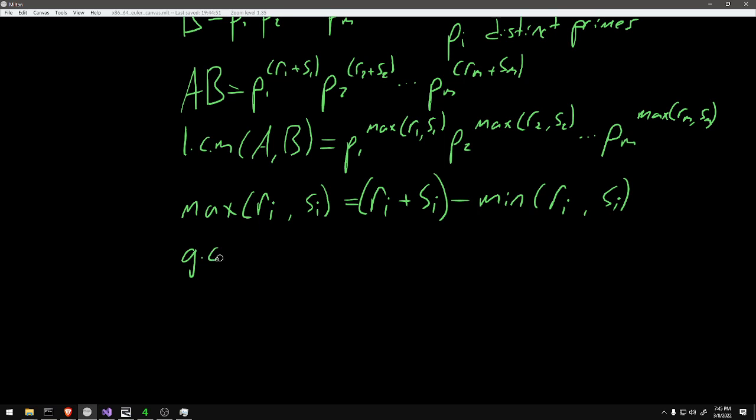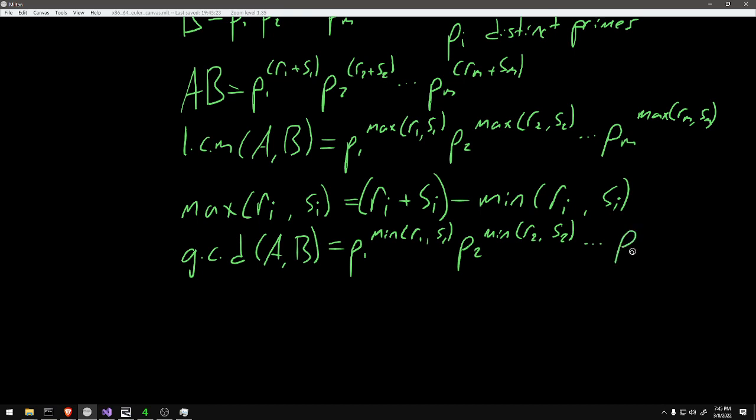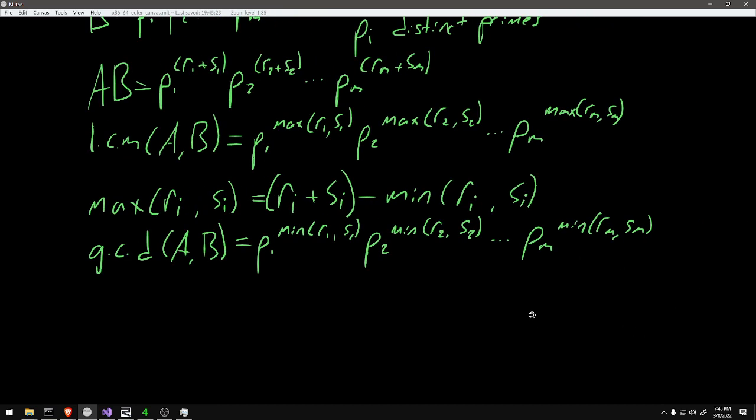Now here's the trick. The greatest common divisor, which we haven't actually talked about yet, is exactly that. It's like P1 to the min of R1 S1, P2 to the min of R2 S2, and so on up to PM to the min of RM SM. So the greatest common divisor is the number that divides both A and B, and yet is not any smaller than it needs to be.